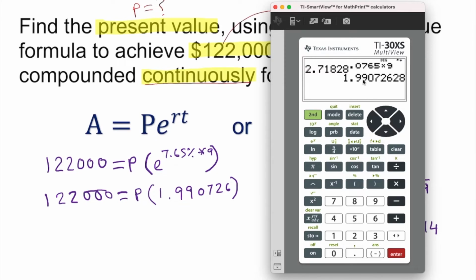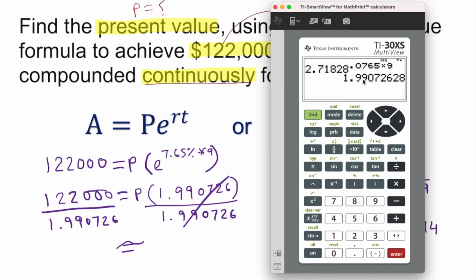Now I'm going to divide both sides by this 1.990726. As you see, it's too much work already. So we have 122,000 divided by the same number we found earlier, 1.99072628.